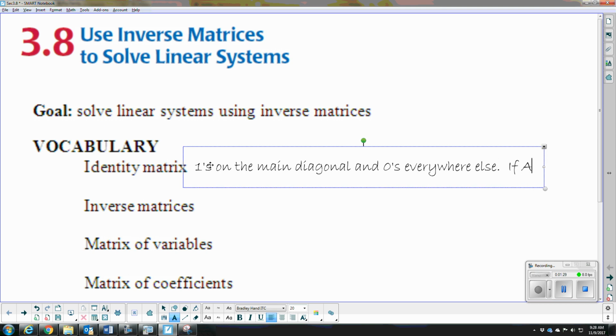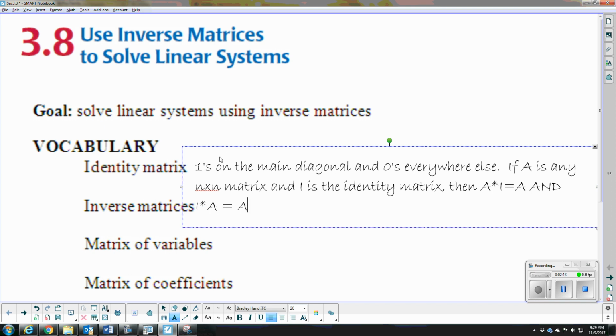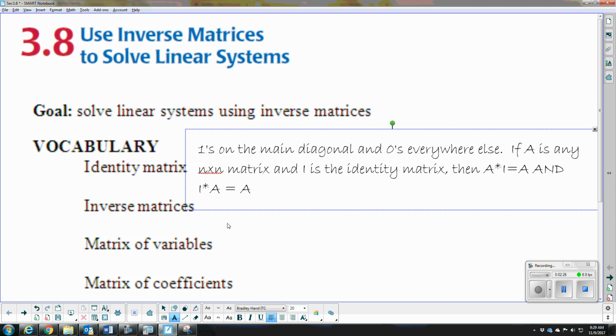So if A is any n by n matrix, meaning that it has the same number of rows as it does columns, and I is the identity, then A times I equals A, and it's also true that I times A equals A. So remember from 3.6, we don't have the commutative property for multiplication using matrices, but we do have that property, the commutative property, with identity matrices.